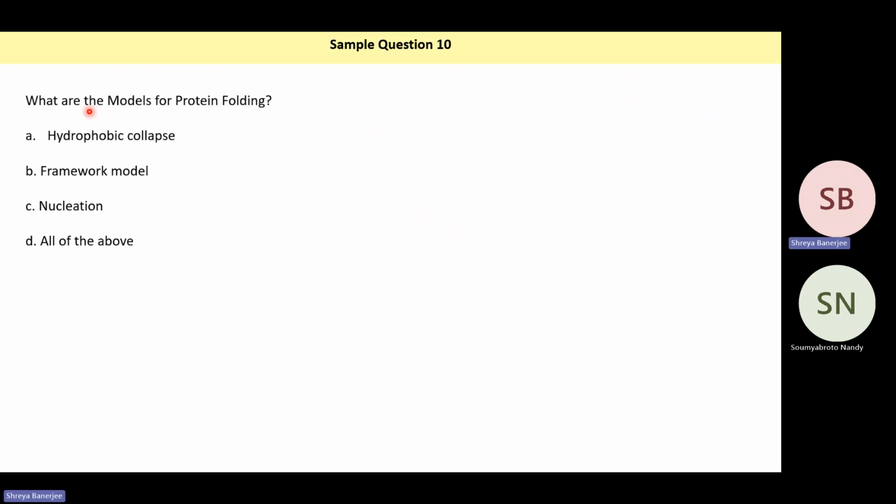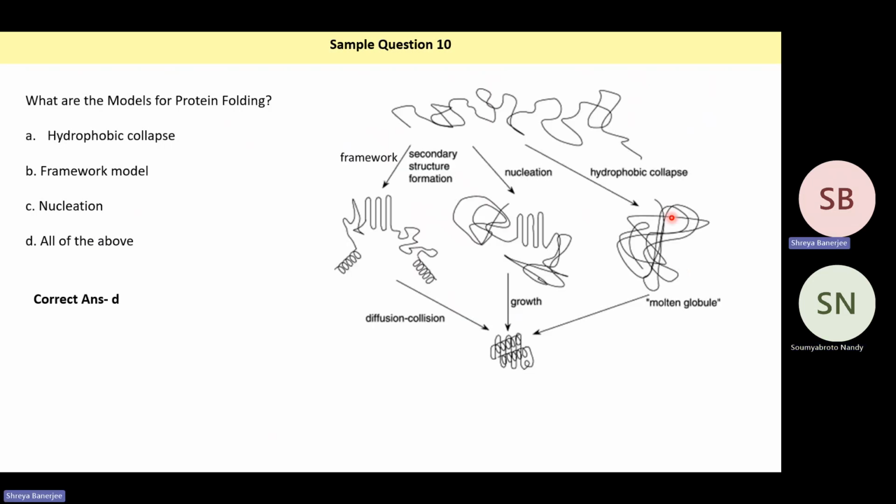Okay, then what are the models for protein folding? It will be option D, all of the above. Yeah. So different models. One is nucleation, where secondary structures are forming, and the secondary structure acts as a nucleus around which the rest of the tertiary structure forms.